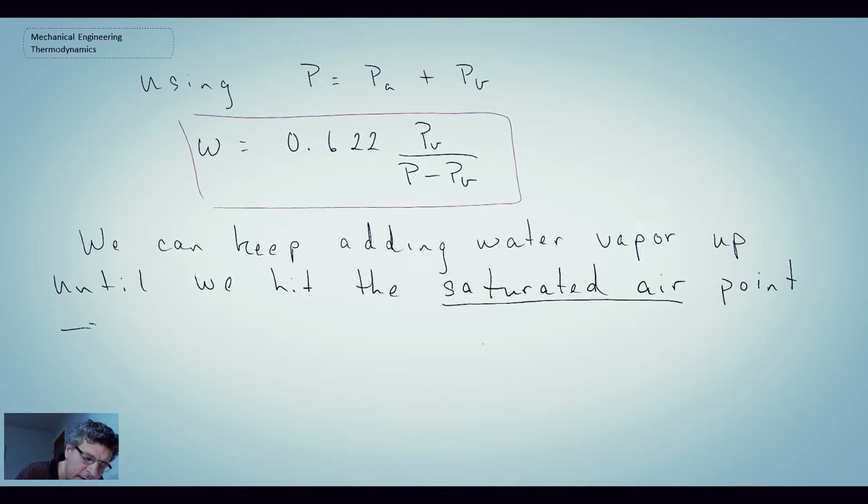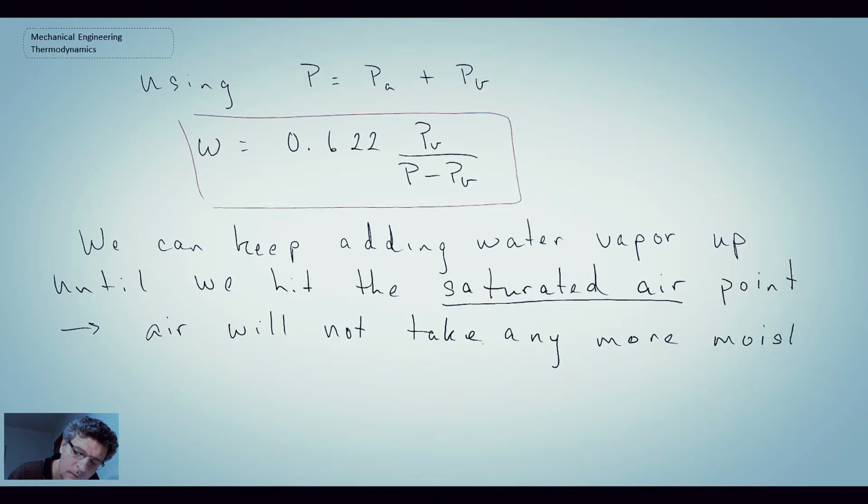And we can do this up until reaching what we call the saturated air point. And at that point, air will no longer take any more water vapor. And that would be the point where the condensation starts coming out of the air.